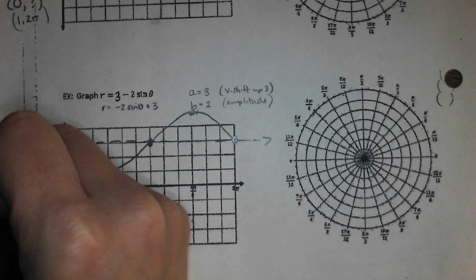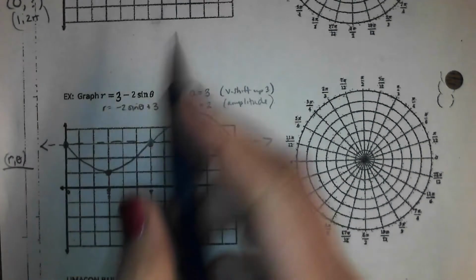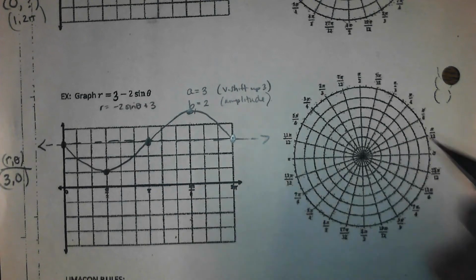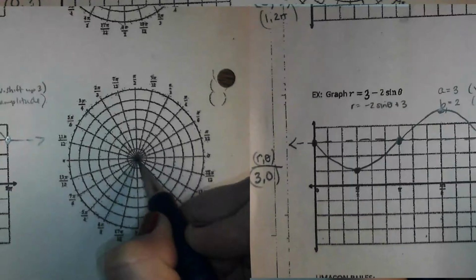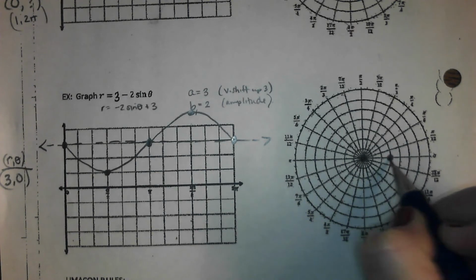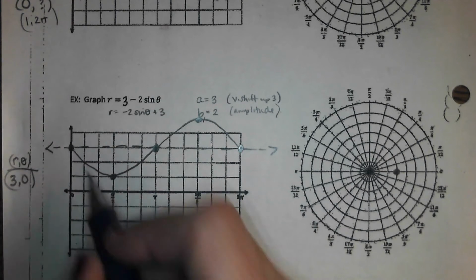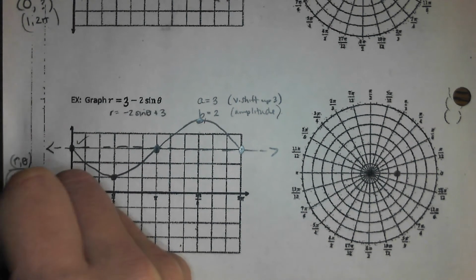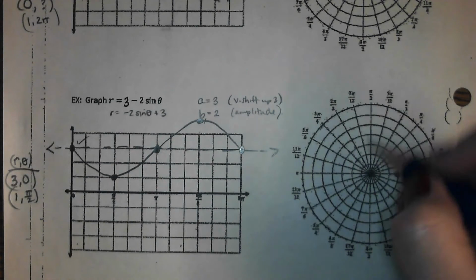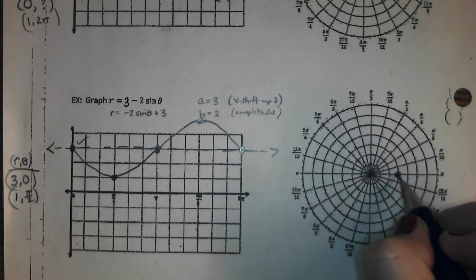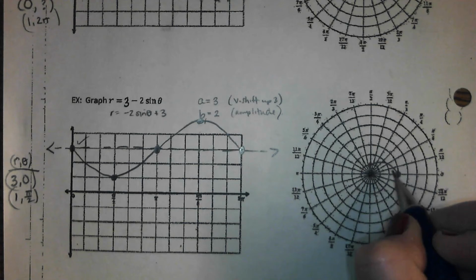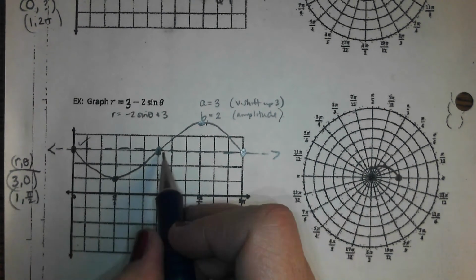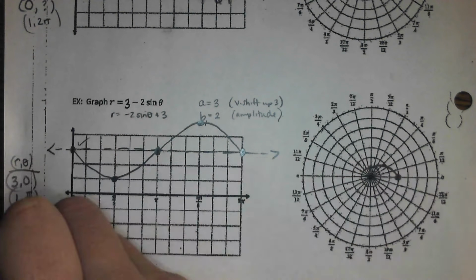So we have r, theta, and our very first point is an r of 3 and a theta of 0. So my graph starts out there. My very next point is radius of 1, theta of pi over 2. My very next point is a radius of 3, theta of pi.